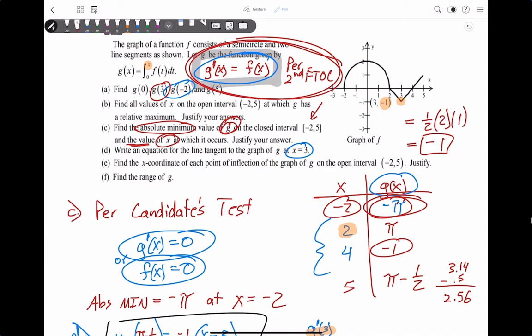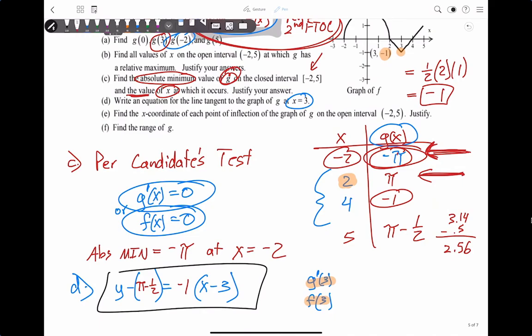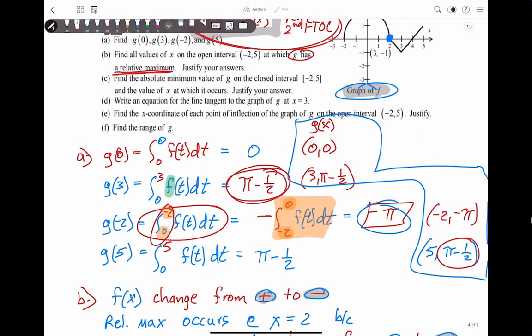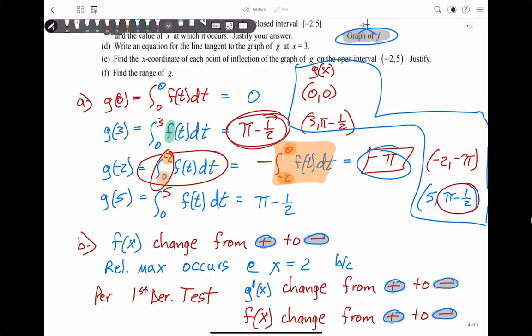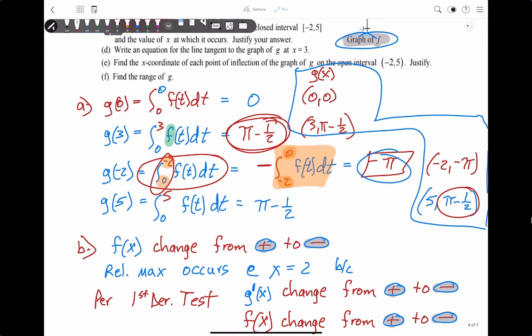So the range is from the lowest to the highest value. The lowest value looks like it is -pi, and the highest value looks like it's occurring at 2. If I went back to where it was increasing to decreasing, we saw this relative max occur at 2.